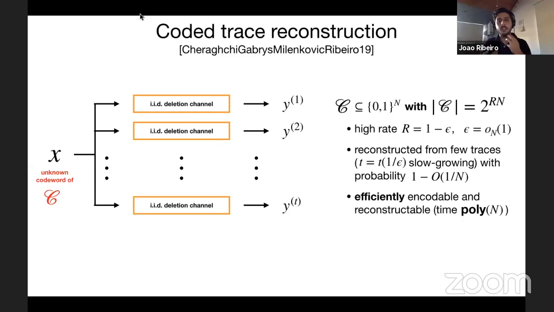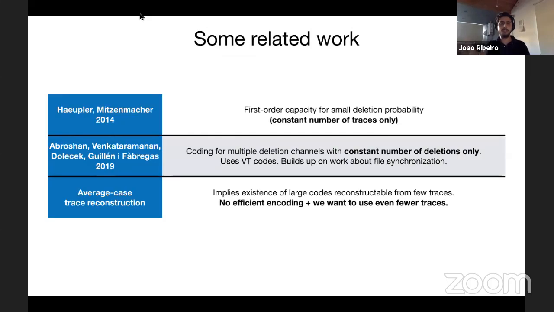Okay. All right. So this is our setting, and our goal is to design these codes. First of all, there is some related work to coded trace reconstruction, because this is also a natural information theoretic problem, a coding theoretic problem as well. For example, Cheraghchi and Mitzenmacher studied the case where you have a constant number of traces and you want to design codebooks for this.